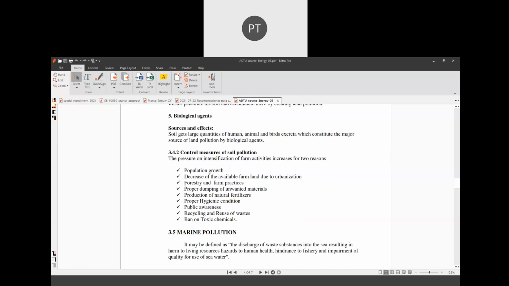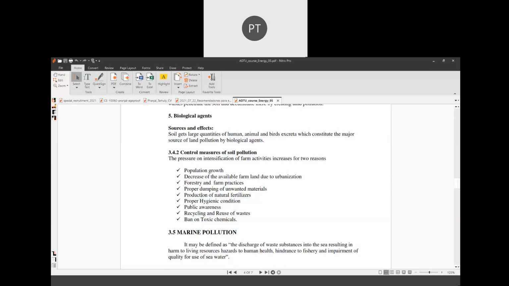Forestry and farm practices, proper dumping and waste handling. So we have to dump our waste products, that is plastic waste. There is a system called recyclable waste and unrecyclable waste, so we have to dispose of these separately so that we can prevent soil pollution.